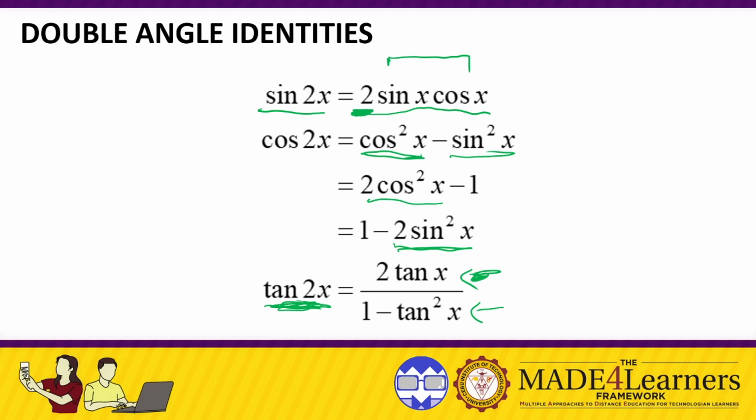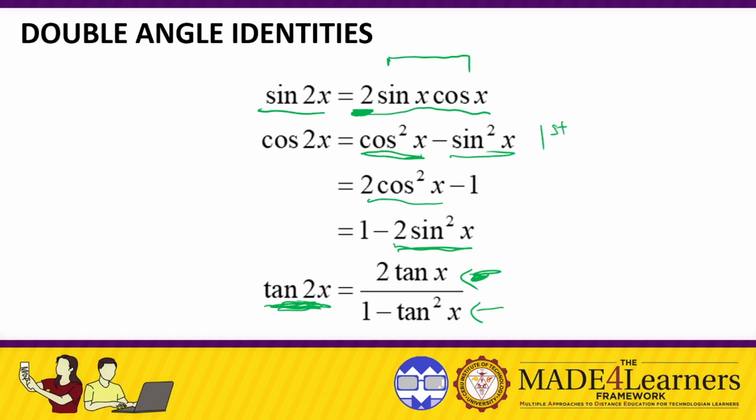So for the first form, we have cos squared x minus sine squared x. It's kind of similar to the Pythagorean identity, but instead of plus, we have minus. The first term contains the cosine, the last term contains the sine.